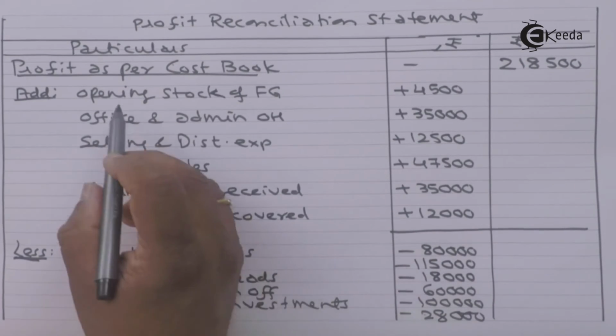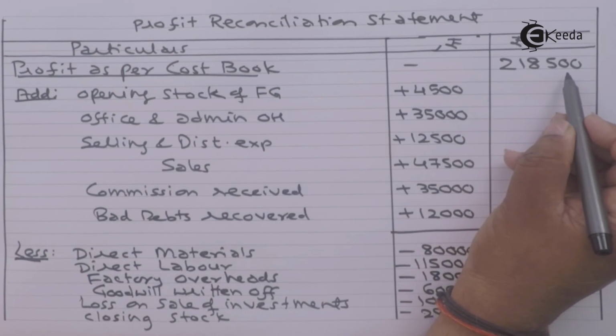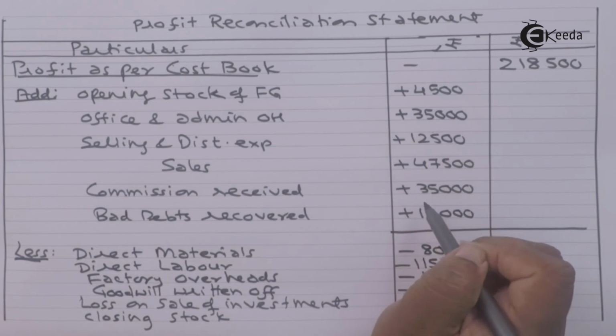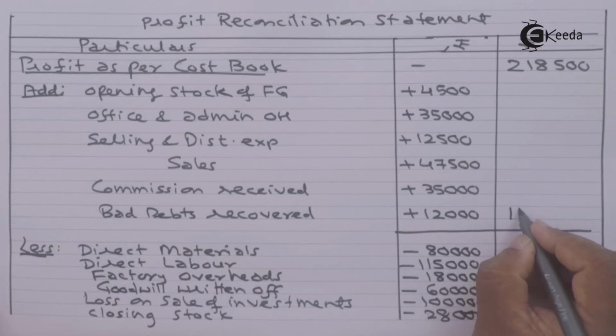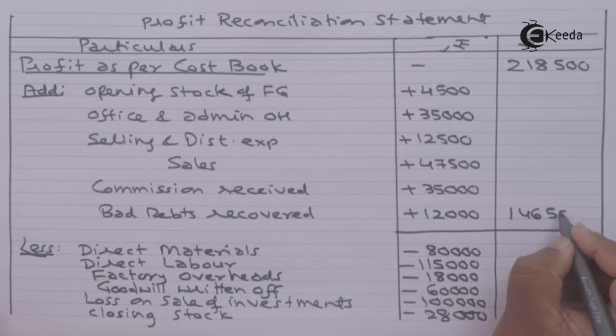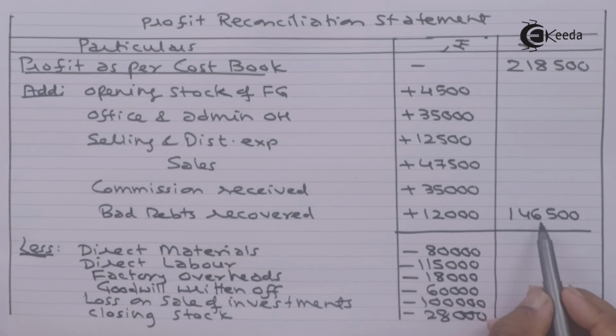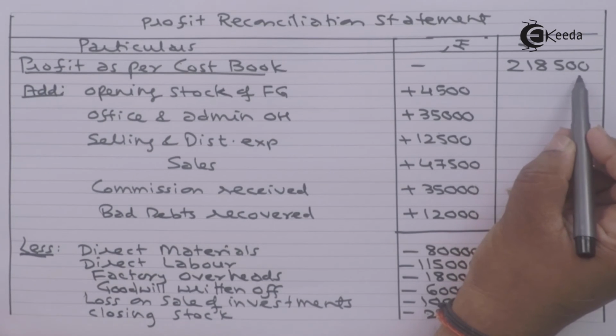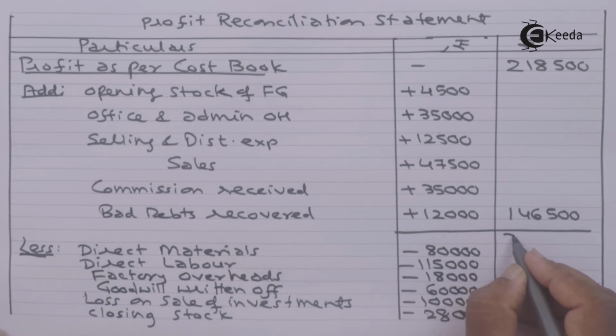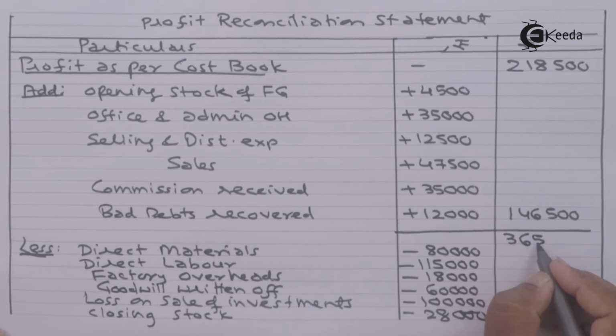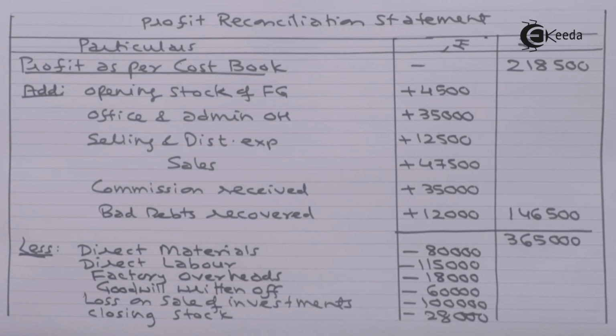We have started with profit as per cost book 2,18,500. We'll be adding all these values having plus sign. It comes to 1,46,500. This will be added to 2,18,500. It comes to 3,65,000.